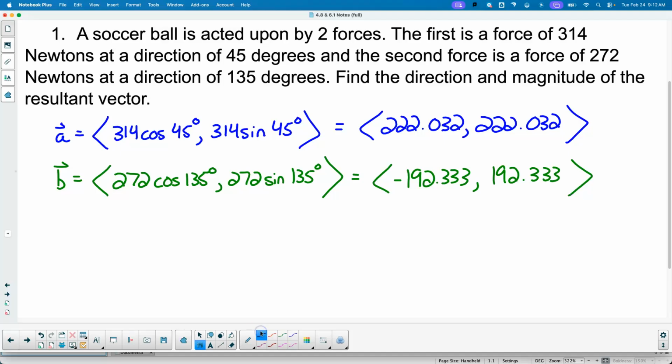My resultant vector then is going to be the vector A plus the vector B, which is just those horizontals added up and those verticals added up.